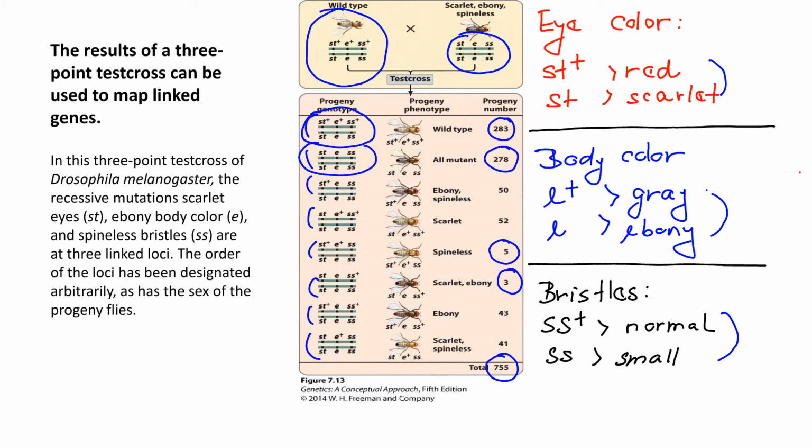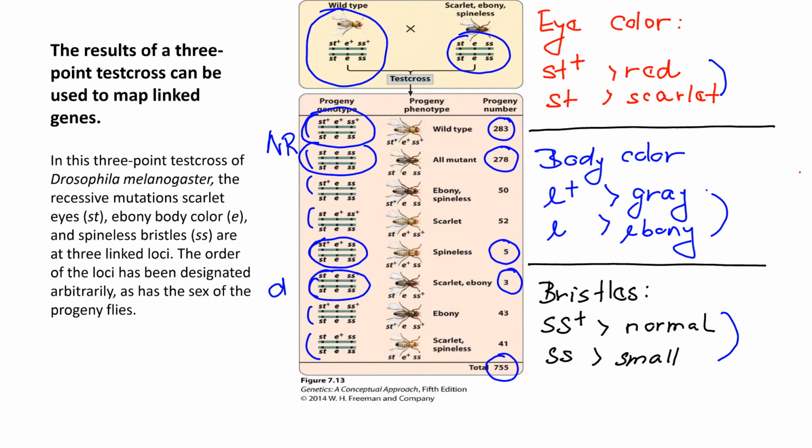So these are the double crossing over and these are non-recombinant. Once you identify these two categories, non-recombinant and recombinant which underwent double crossing over, you can define the position of the three genes on the chromosome.